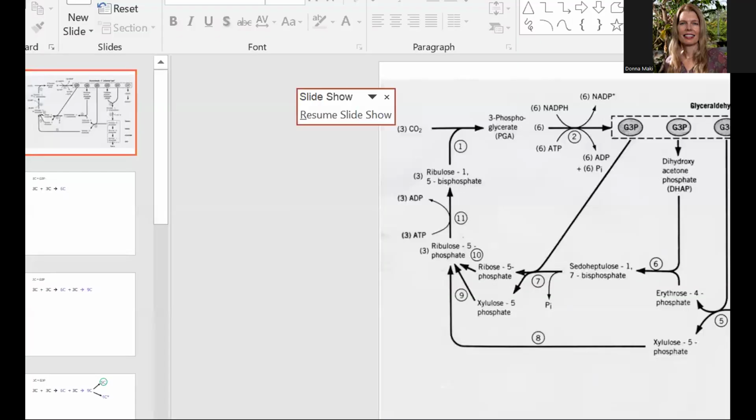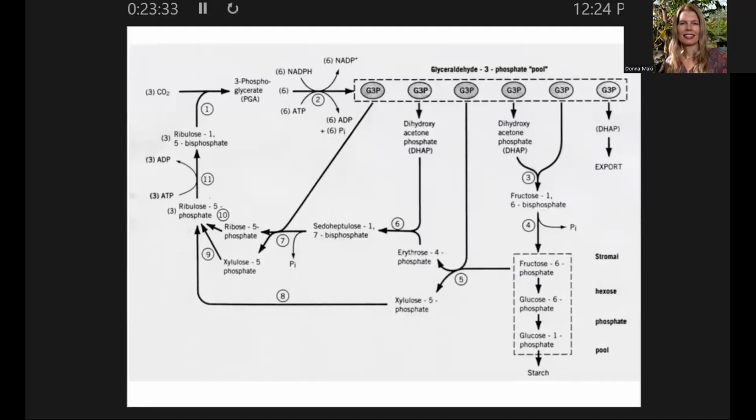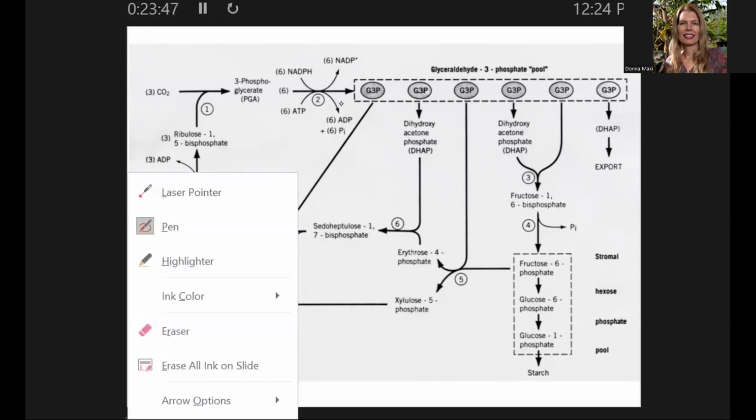That one I wanted to show you. I thought it was in this slide set, but it's not. Okay, so I'm going to reshare. Okay, let's look at it this way. Okay.